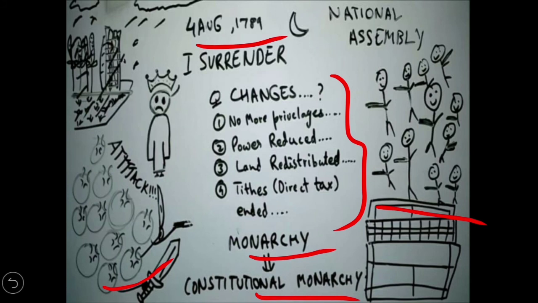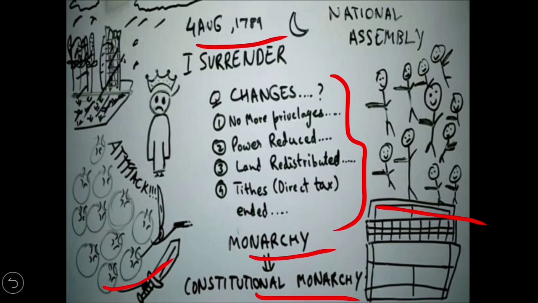Children, in the very first class, I told you monarchy means the king's rule. So, when the National Assembly drafted its own constitution for the country, they limited the powers and functions of the monarchy. That is, he should no more take decisions on his own.